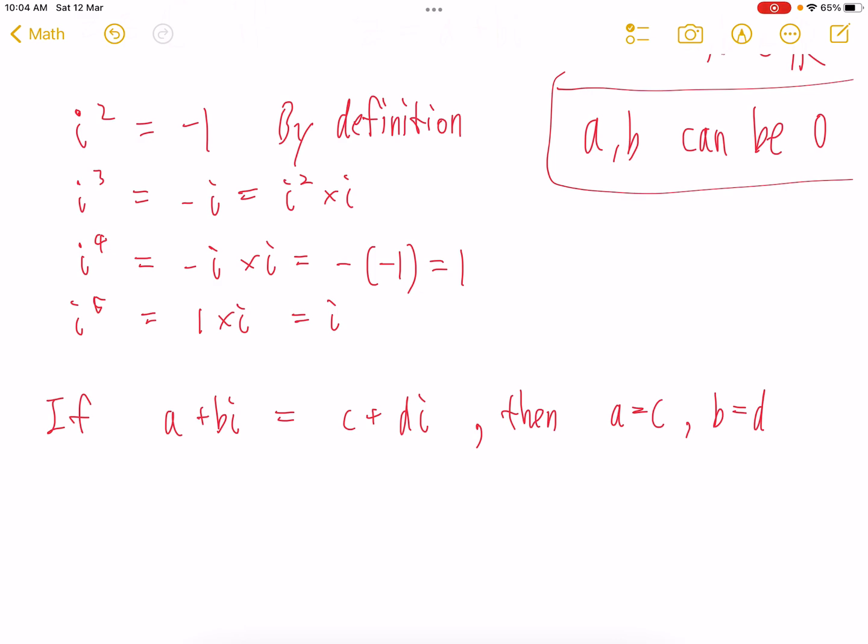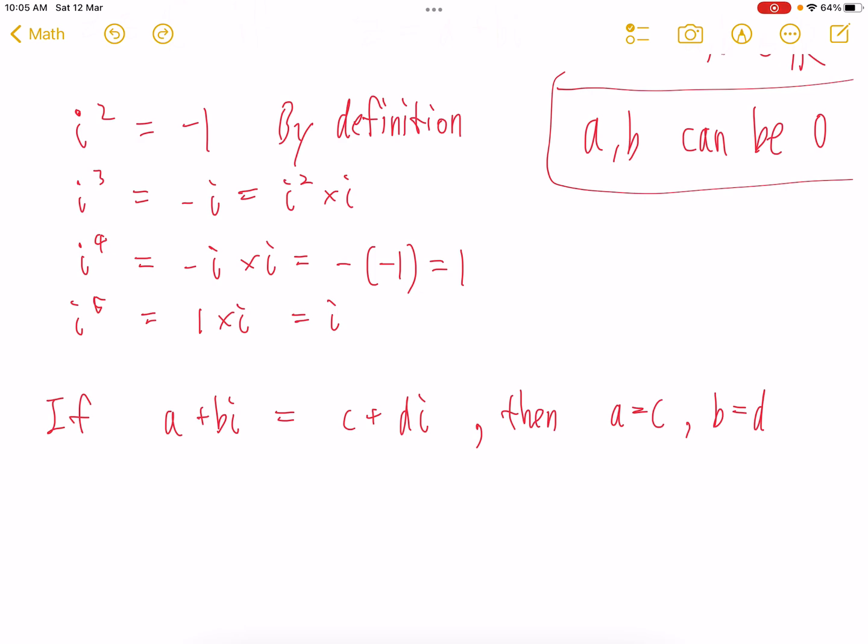And if you just keep on going, you find that i to the 4th power is i squared times i squared. So you just combine the powers, and i squared is -1, so -1 squared is just 1, or you can do i cubed times i, and simplification also gets you a +1.